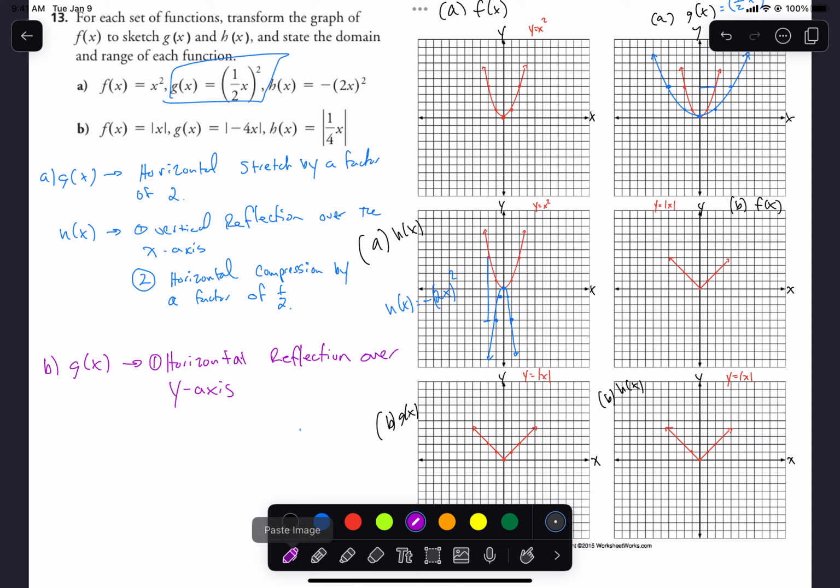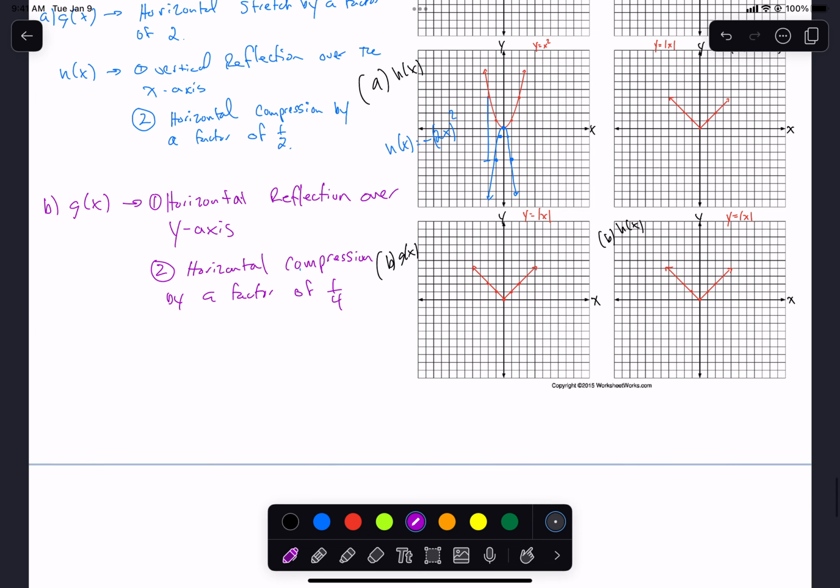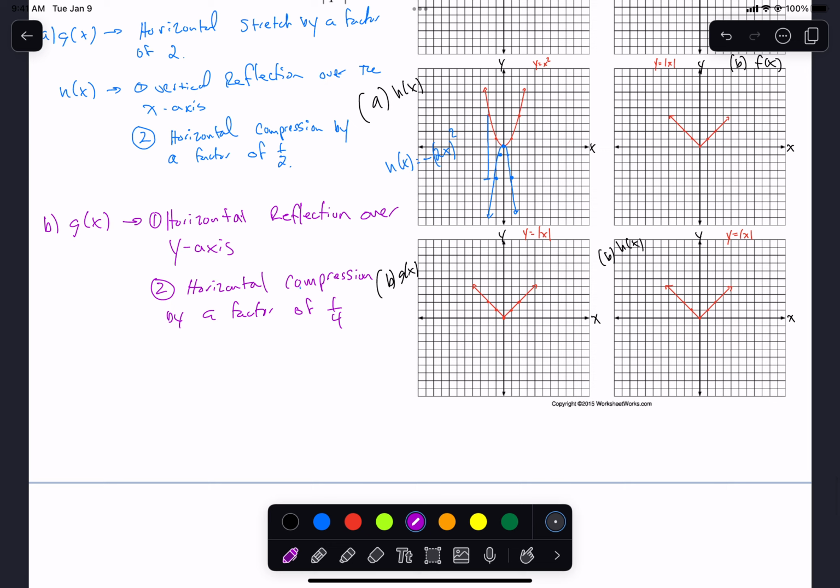That would be one transformation, and the second one, again, you're writing the word horizontal because it's on the inside. Horizontal compression by a factor of 1/4. So if I go down here, what I'm going to do is reflect this graph horizontally.